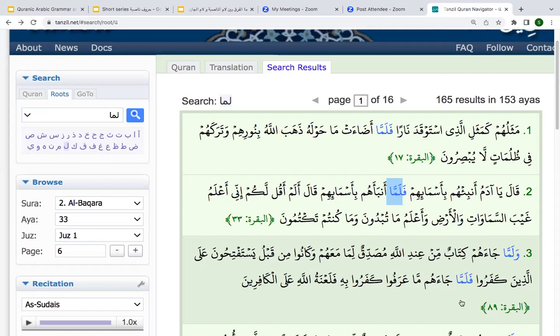It's referring to people, right? So if it is referring to people, can it be zarf? No. Or whatever. Whatever means whatever good deeds you do, you will be recompensed for them. Does whatever, which means ma in Arabic, have to do with time and place? No. So will I call it zarf?